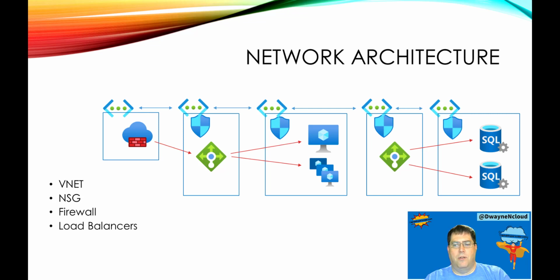In this example, I'm showing both a single virtual machine as well as a virtual machine scale set, which allows us to balance that traffic for high availability and scalability of our environment.